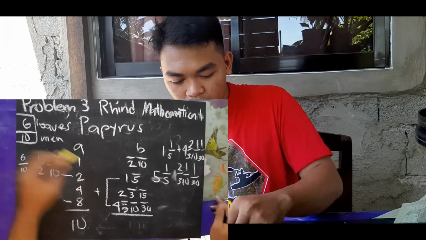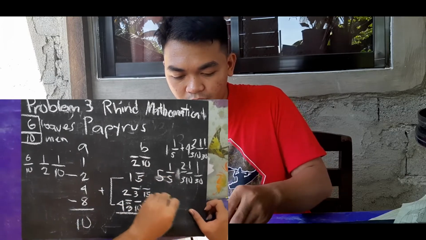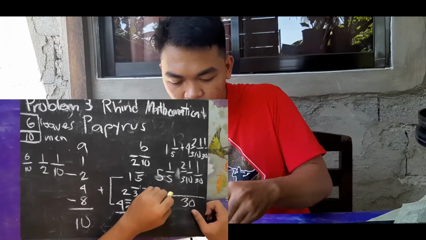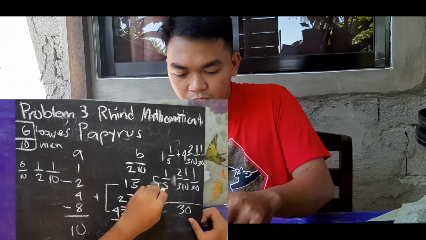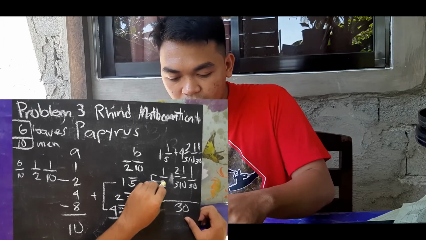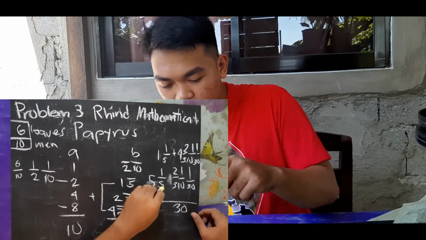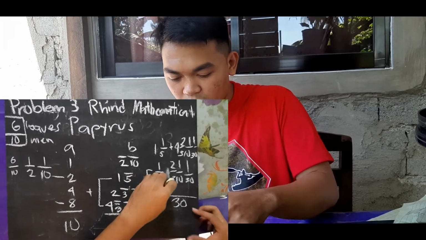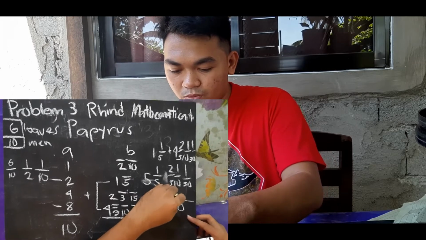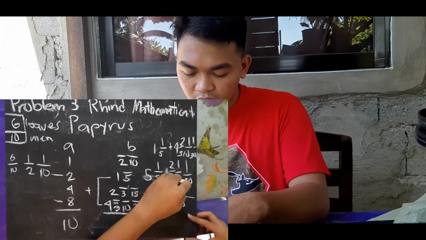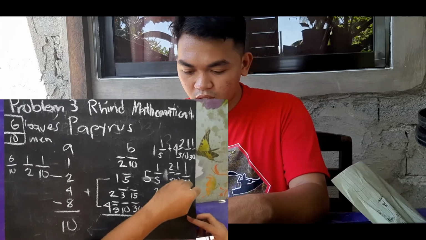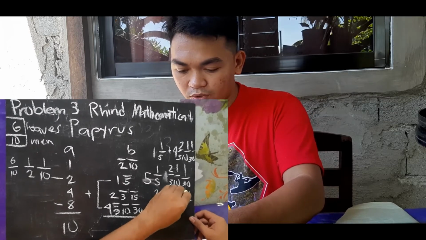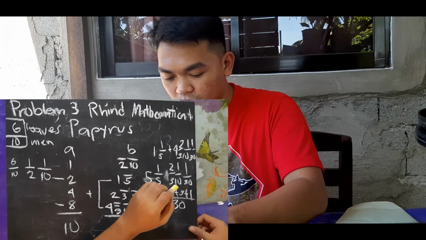So let's find first the common denominator. The common denominator is 30. 30 divided by 3 is 10, 10 times 2 is 20. 30 divided by 5 is 6, times 1 is 6. 30 divided by 10 is 3, then 3 times 1 is 3. 30 divided by 30 is 1, 1 times 1 is 1.